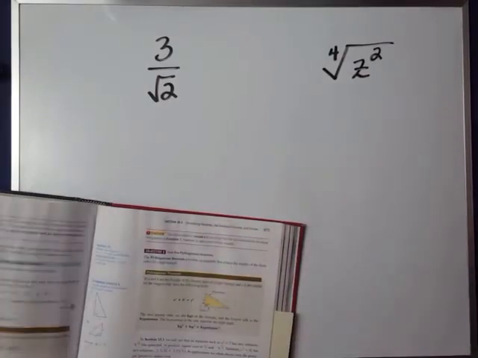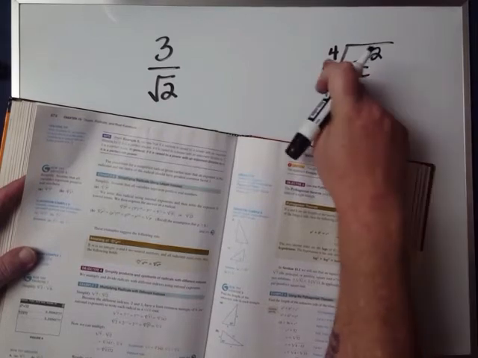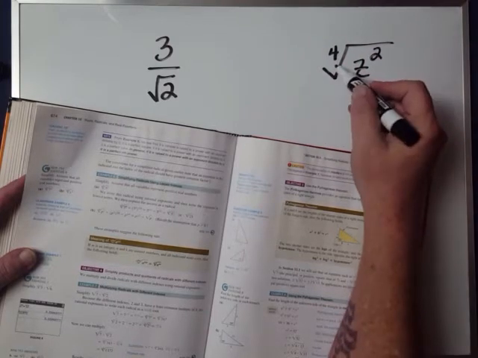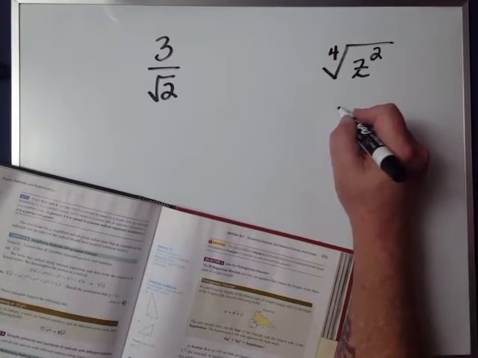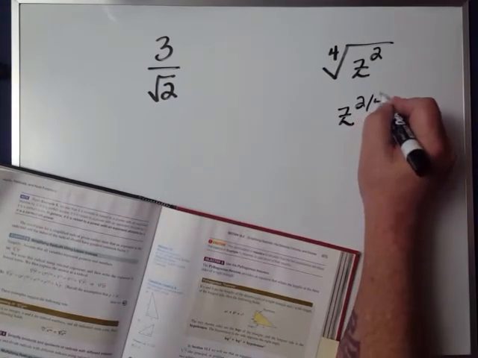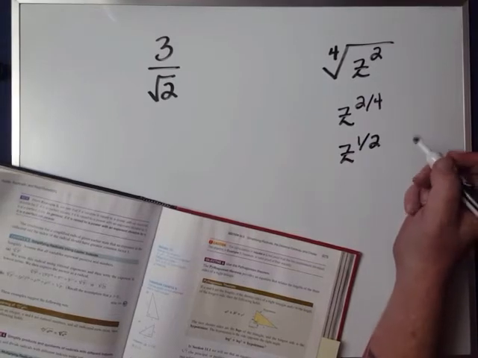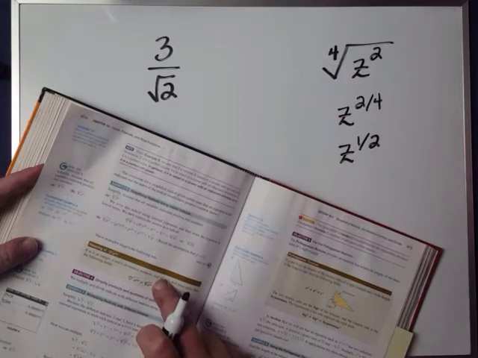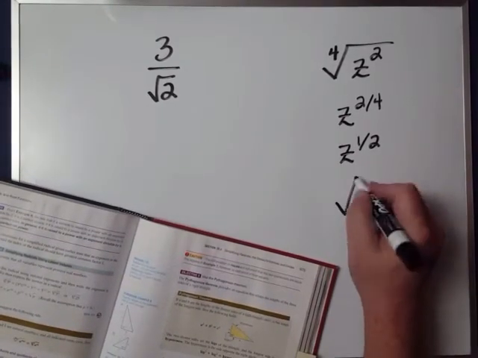And we do have our rule over here on page 674 that says we can simply divide the index and the power by that common factor, divide them both by 2. That would give me a square root of z to the first, or just square root of z. I've been encouraging you to take this through your fractional exponents and witness the reducing of that fraction. I mean, that's the whole reason that this rule works from page 674, is because we are actually reducing a fraction.